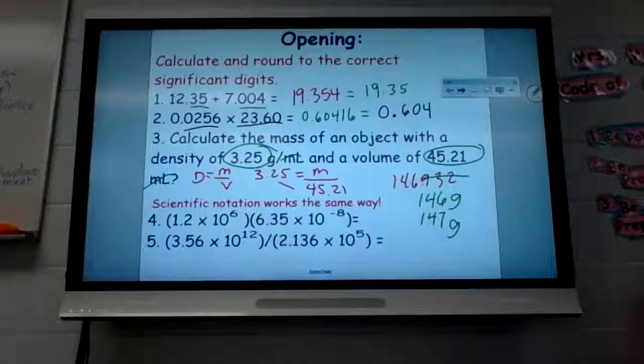All right, so scientific notation works the same way. So 1.2, well, I should have put an adding up here, second E6 times 6.35, second EE negative 8. Now, because that's scientific notation, which way do I want the answer? Scientific notation. What's wrong with the calculator, my dear? It's good. Bring it here so I can change the batteries.